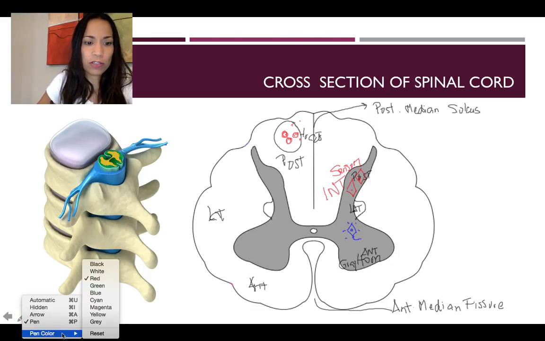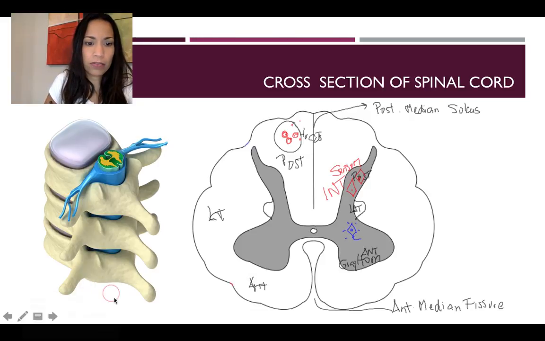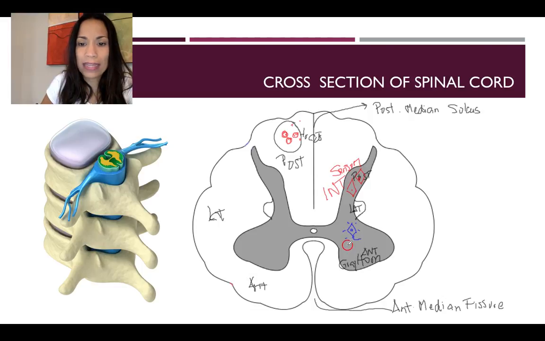In the anterior and in the lateral gray horn, we have motor neurons. The thing is that these are visceral motor neurons, and these ones are somatic motor neurons. Do you remember the difference, right? If not, go back to the beginning of the chapter.